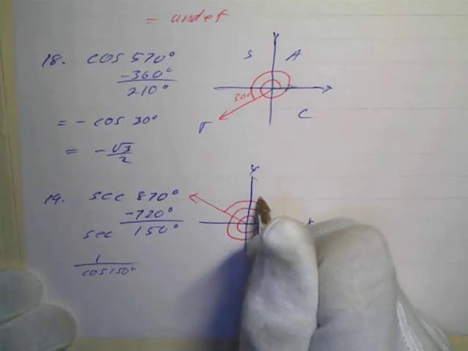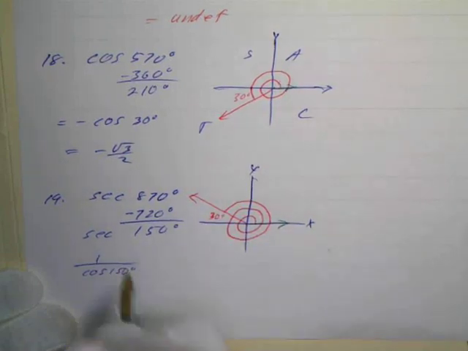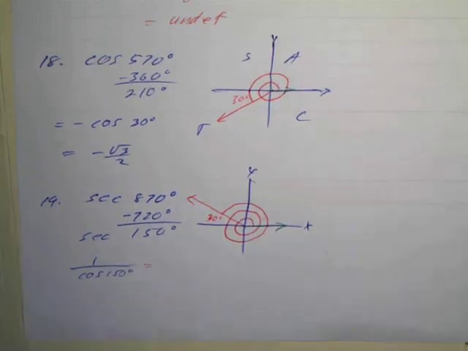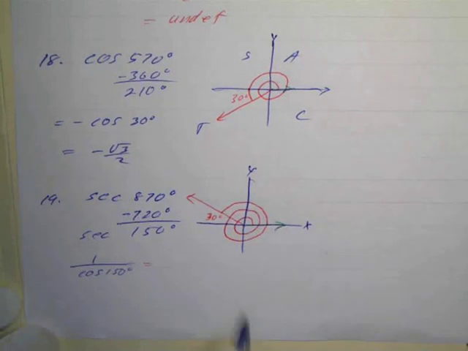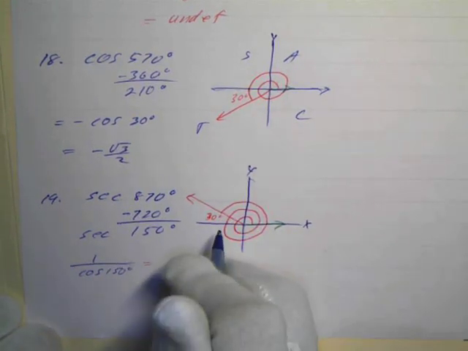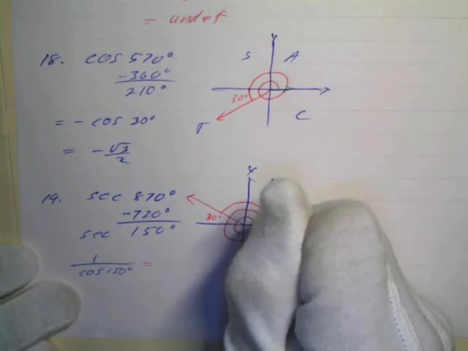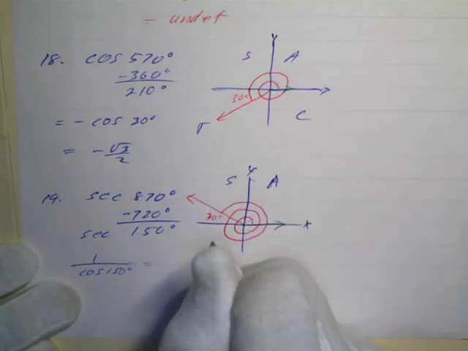And 60, so what's left? 30. So my reference angle is 30. It's going to be the same thing as 1 over the cosine of 30 degrees. But in this quadrant it's negative, so it's going to be negative, because all students take.